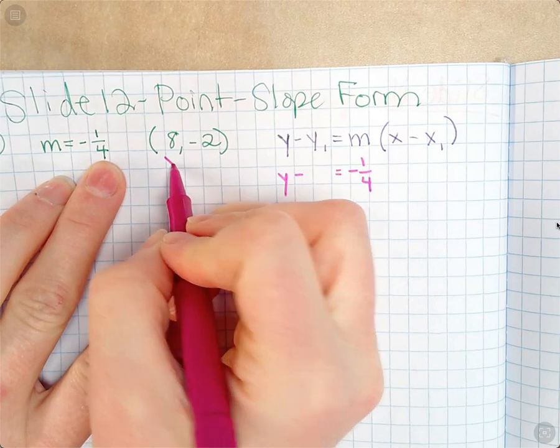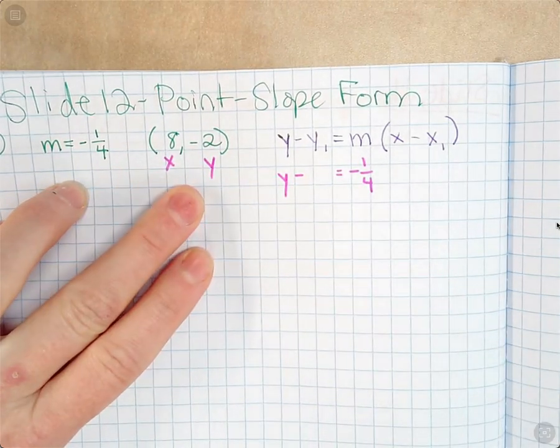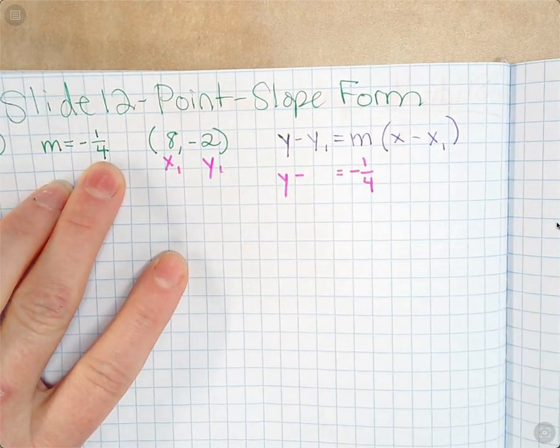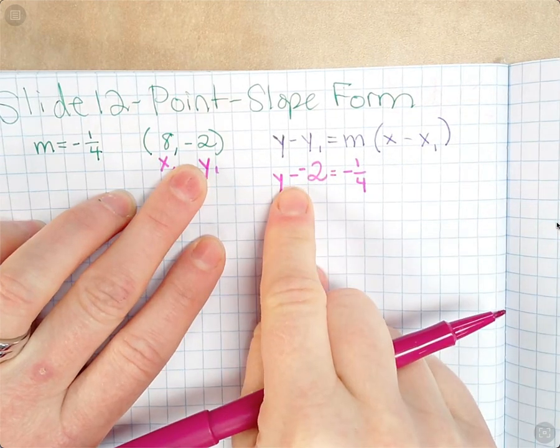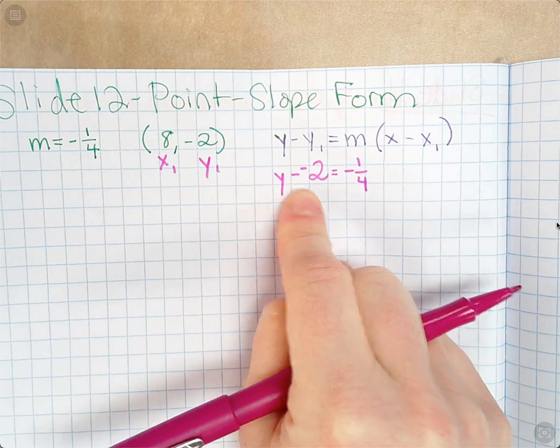So this will be x1, y1, or just x and y. I'm going to put x1, y1. x is always the first number in a coordinate pair, and then y is your second. So that means I'm going to plug in a -2. So it has a negative in the formula, and then your y1 is a -2.